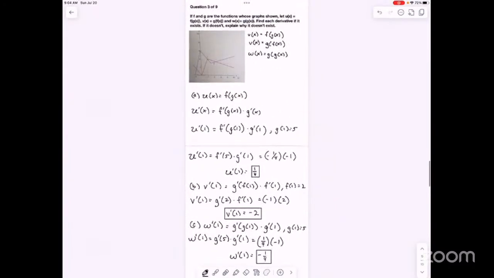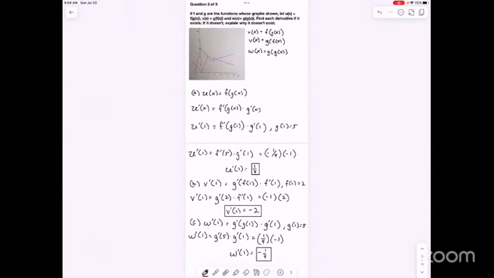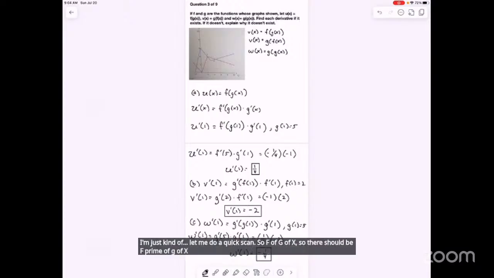Okay, I know it's a little bit small. Let me do a quick scan. So f of g of x, so this should be f prime of g of x times g prime. G of 1, when x is 1, that's a 5.